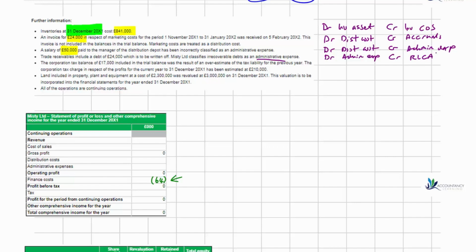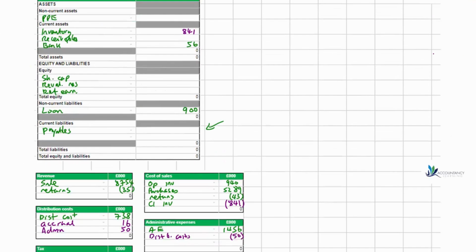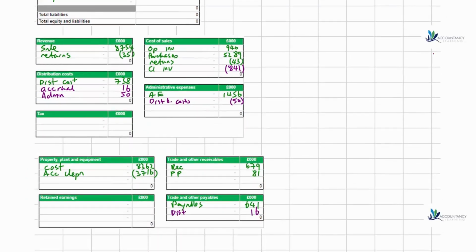It's completely written off now. We're not creating an allowance for it. So we're crediting the receivables ledger control account with 24,000. So let's add those into our workings. So we've got our bad debt of 24,000. We're debiting the admin expense and we're going to credit receivables.